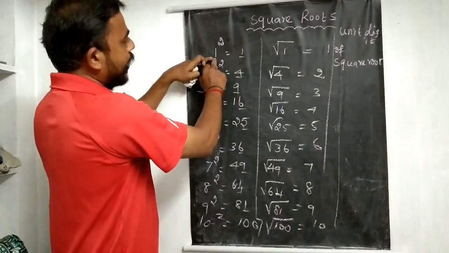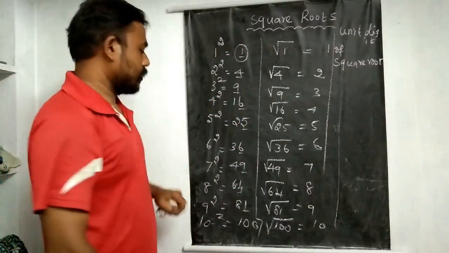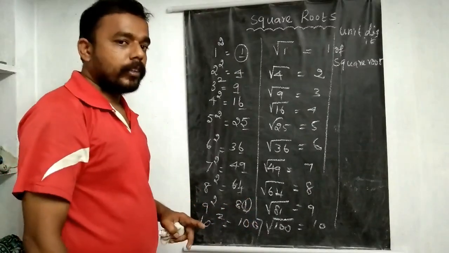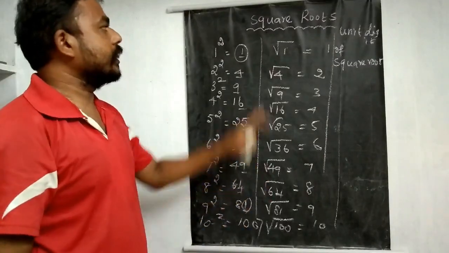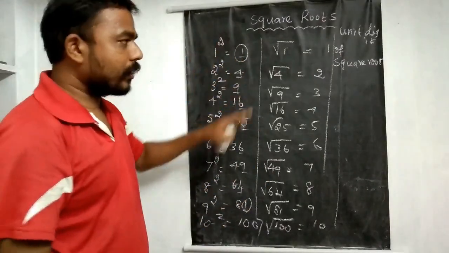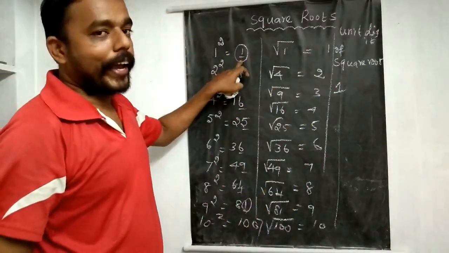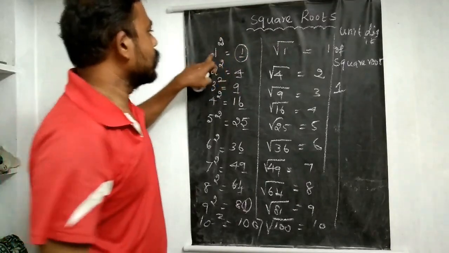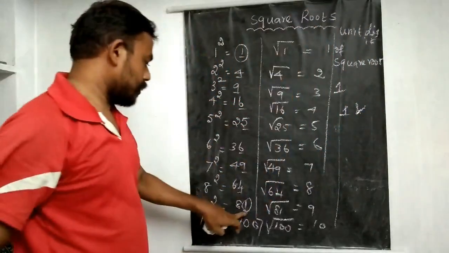If you take the square of a number, 1 squared is 1, with unit digit 1, and 9 squared also has unit digit 1. So if the unit digit of a square number is 1, then what is the unit digit of the square root of the number? It is possible to be 1 or 9.